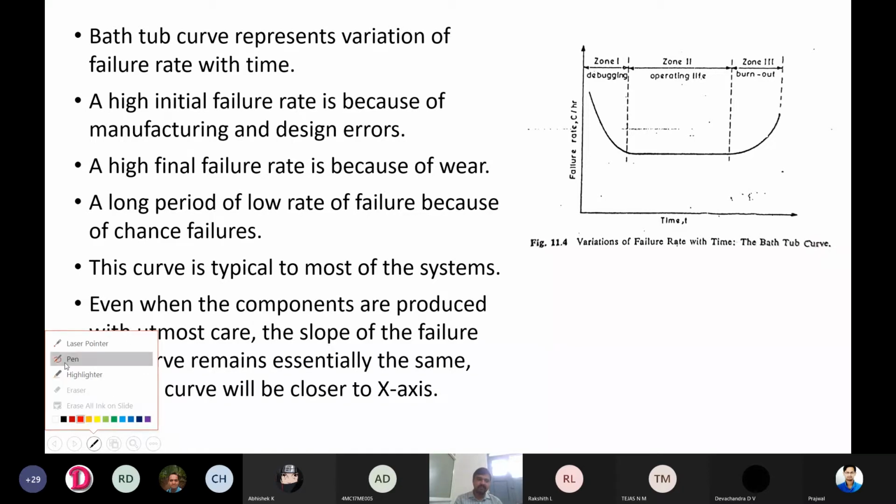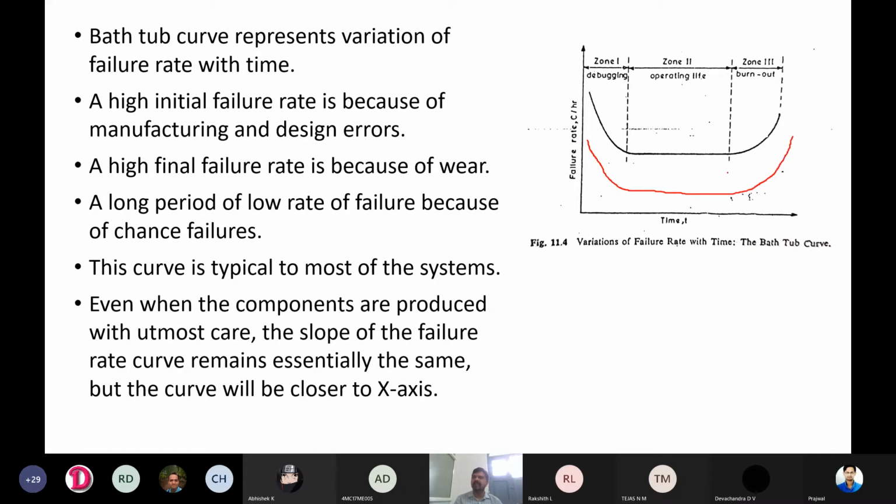If a company is focusing more on enhancing quality and reducing the number of failures, the curve position may be like this. If the company is not at all worried about failure rate, then the bottom curve for that company's product may be like this. That is the only difference. Other than that, the pattern of failure will be almost the same for most of the products.